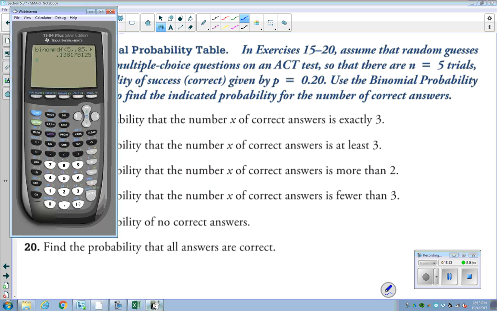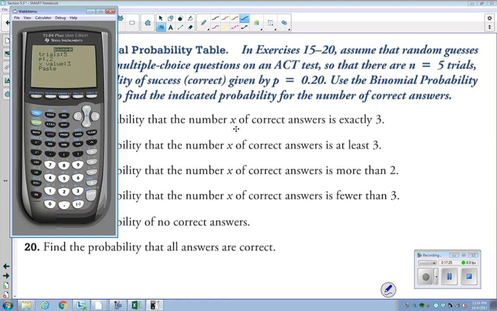So I'm going to go to my calculator. We'll go through this one. Oh, I better go through the other one too. Again, same thing. We're going to go to second, distribution. We're going to cursor down to binomial probability distribution. Hit enter. My trials is 5, good. My success rate probability is 0.2.